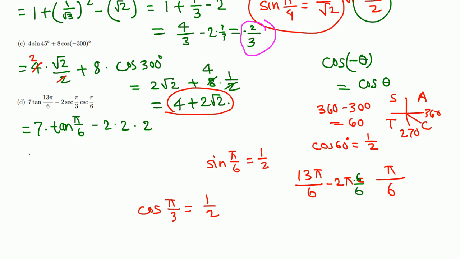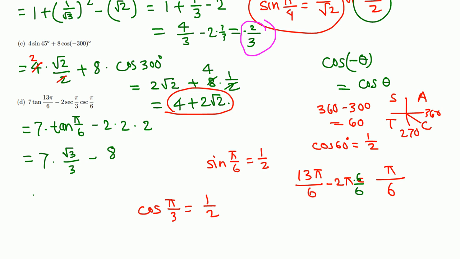Let's simplify this now. 7 times tangent pi over 6, that's 30 degrees, and tangent pi over 6 is what? That's 1 over root 3, or root 3 over 3, your choice. If we write root 3 over 3, then just leave this, minus 8.